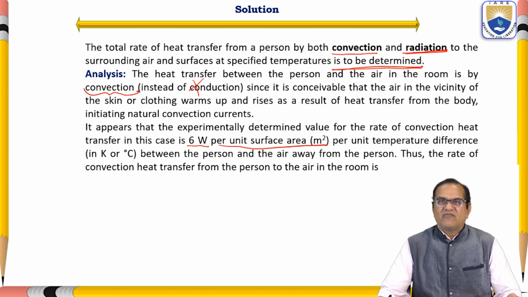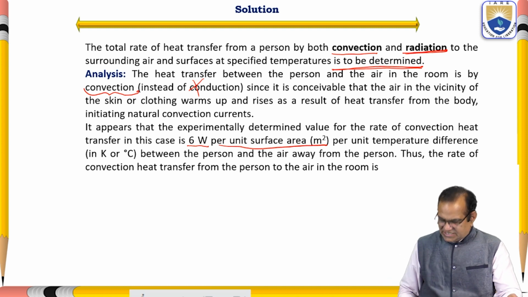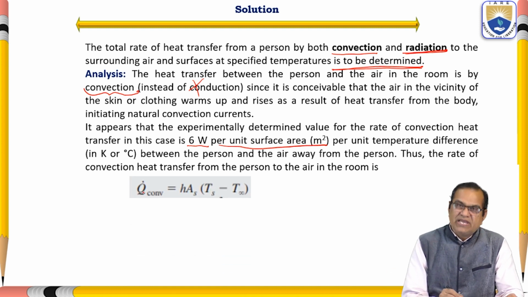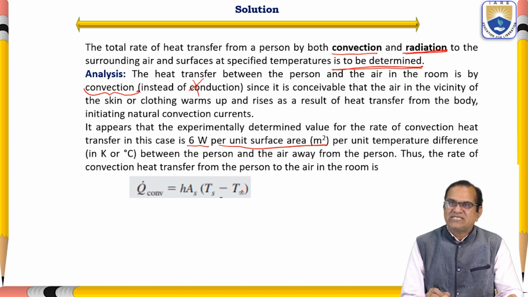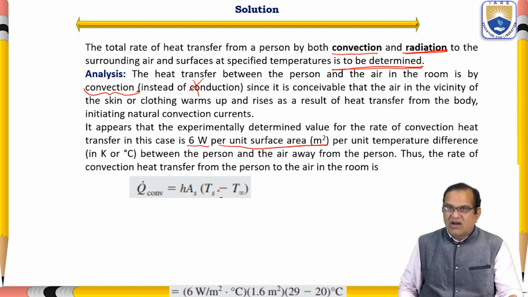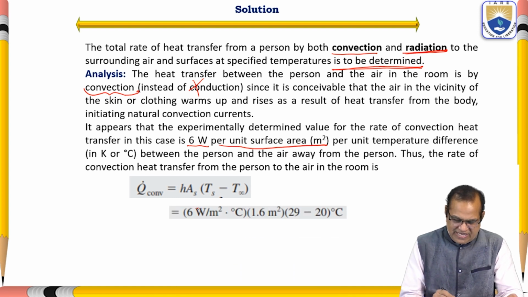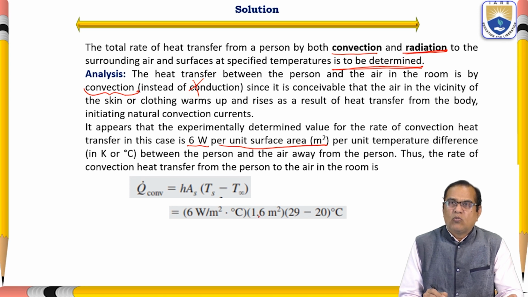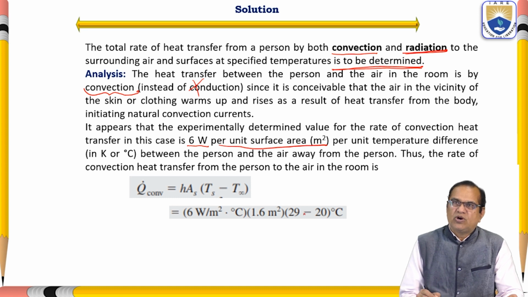Thus, the rate of convection heat transfer from the person to the air in the room is given by Q dot convection equal to h A_s (T_s minus T infinity). So here h is given, A is given, and these temperatures are already given. So h is 6 watt per meter square degree centigrade, into 1.6, the area in meter square, into T_s equal to 29 degree centigrade minus 20.